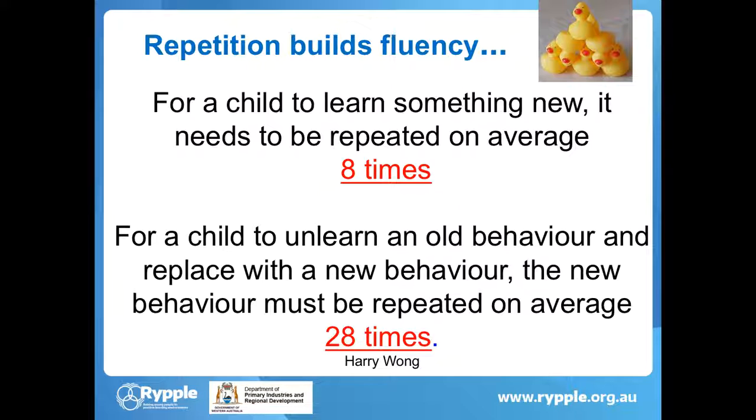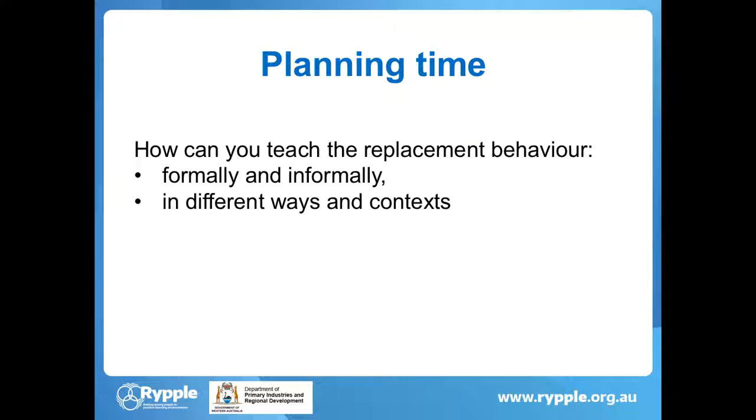So if you find that you teach your child to do this and it doesn't work the first time, that's okay. We've got another 27 goes at teaching this kid and helping them to get their needs met with this new way before we can say, oh, hang on, okay, something's not right here. So lots and lots of repetition is required for kids to become fluent at the new behaviour that we want them to be performing.